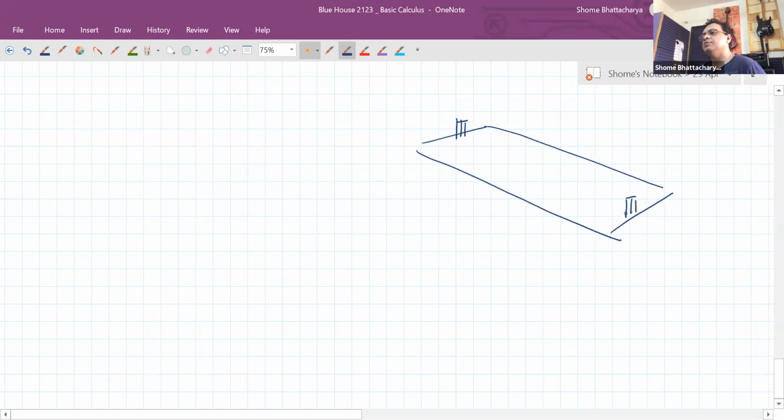These are the wickets at the batsman's end. So the bowler is delivering the ball from here somewhere. When you take the side view of this, the ball is delivered from somewhere here, and it goes in what is called a projectile motion. Then it pitches and then it's at the batsman's end.